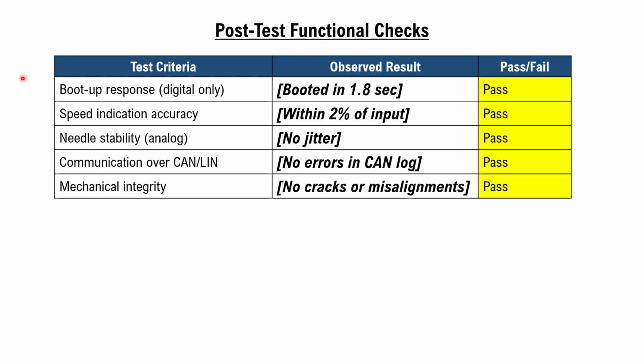Speed indication accuracy within 2% of input: pass. Needle stability, analog, no jitter: pass. Communication over CAN or LIN: no errors in the CAN log, it is declared as pass. Mechanical integrity: no cracks or misalignment, it is a pass.